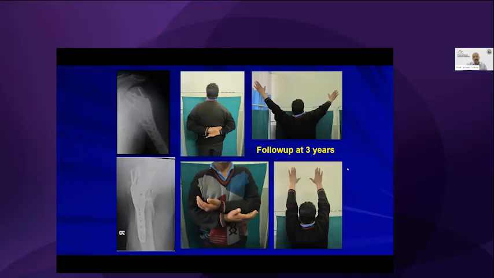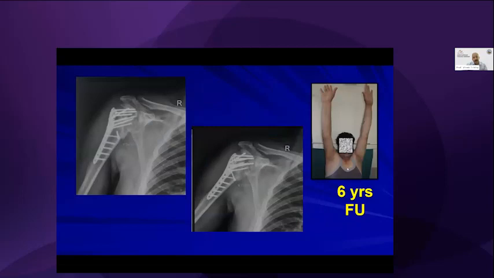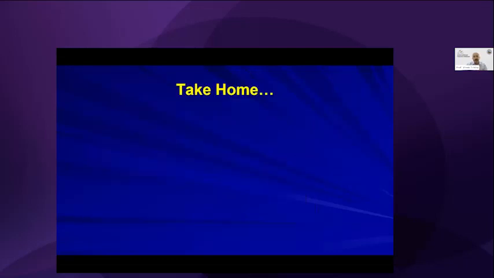This is his follow-up at 3 years, 5 years, and 6 years. Along with 8 years follow-up, you can see that mild sectoral avascular necrosis has happened, but the patient is okay. His functional outcomes are excellent, and he's able to do all his activities.